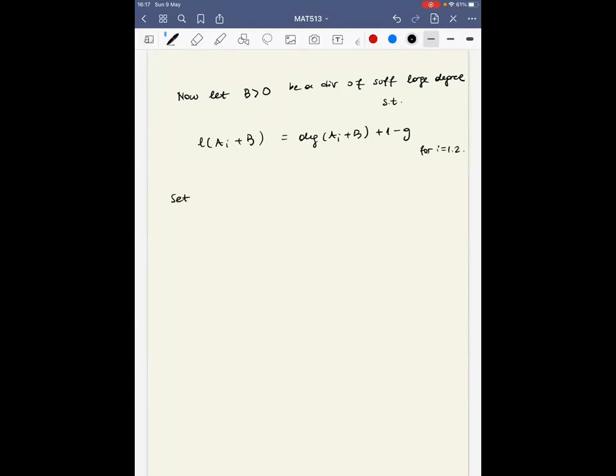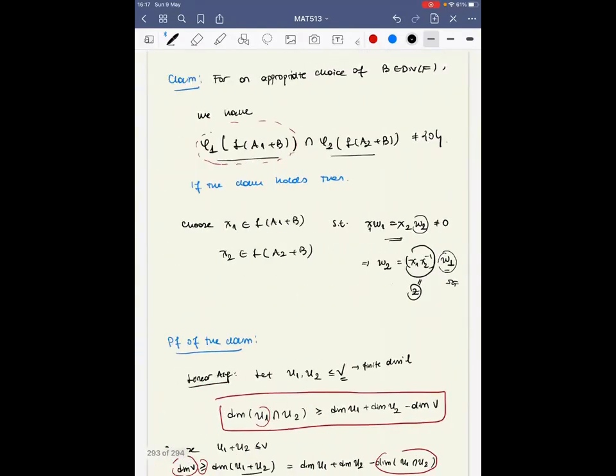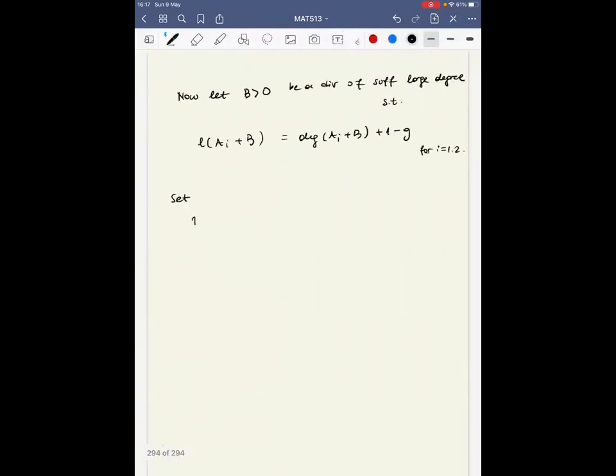And as I mentioned before, in this setting, if we set U1 as the image of the Riemann-Roch space of A1 plus B under phi 1, or similarly U2 and phi 2, these maps are injective, so the image is going to have the same dimension as the Riemann-Roch space.